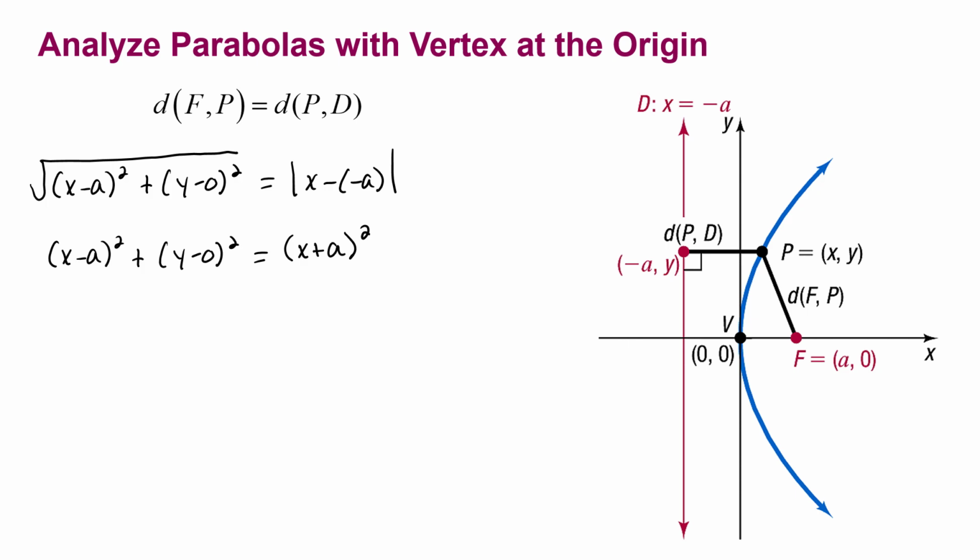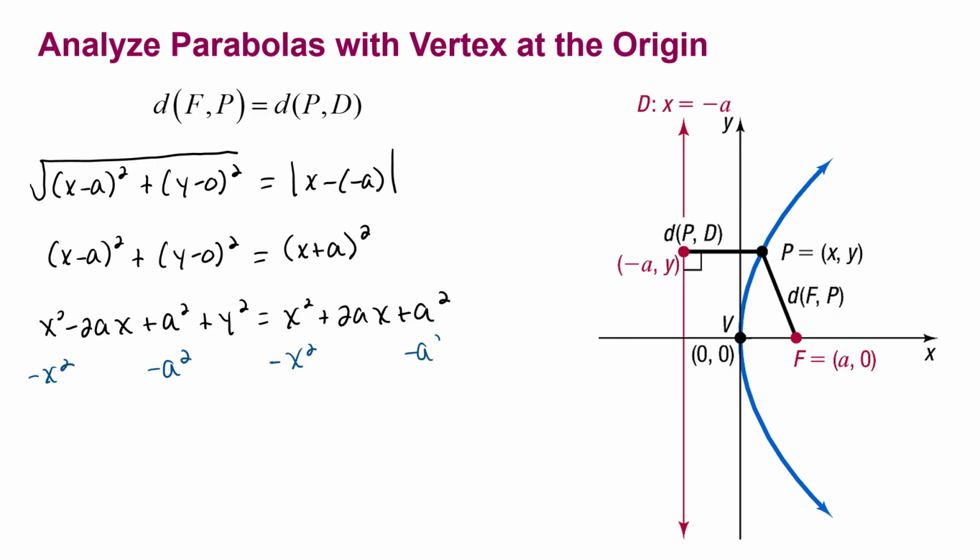If we multiply out the binomials that are squared, that is x minus a quantity squared on the left-hand side and x plus a quantity squared on the right-hand side, our equation becomes x squared minus 2ax plus a squared plus y squared equals x squared plus 2ax plus a squared. Subtracting x squared from both sides and subtracting a squared from both sides, we end up with the equation y squared equals 4ax.